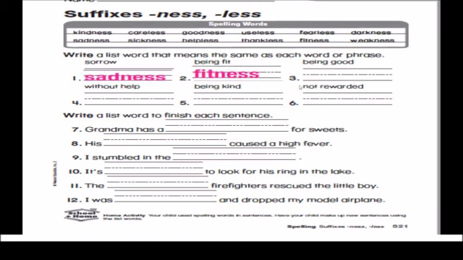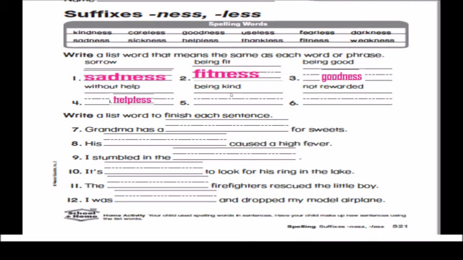Number three, being good. If you are good, the act of being good is goodness. Excellent. Without help. Without help means he cannot help anyone. So he is helpless. Excellent.